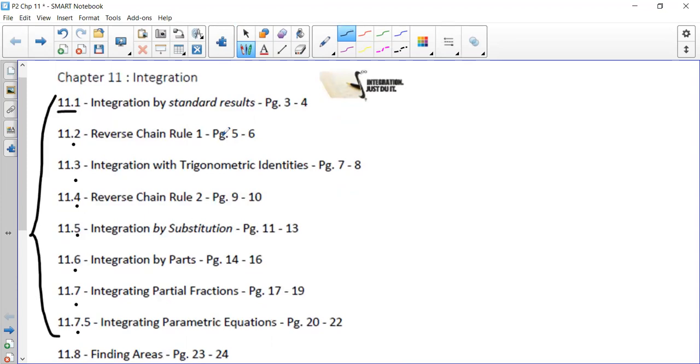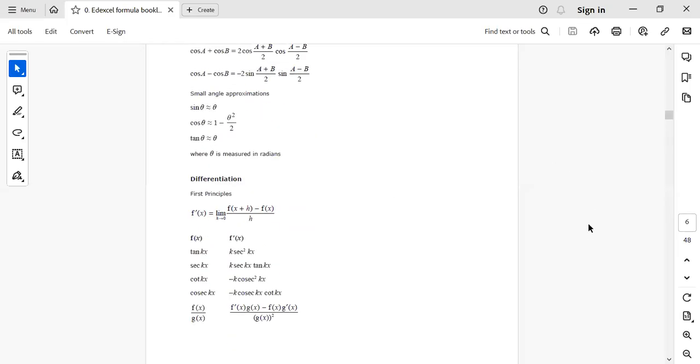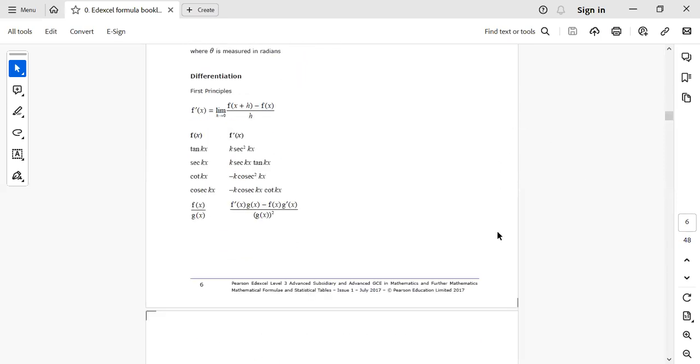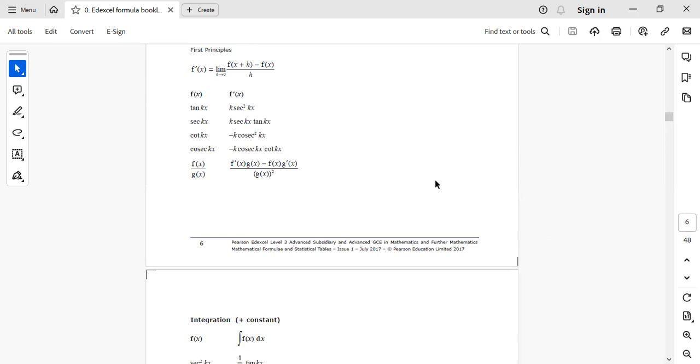So we are going to go through 11.1 today. Now, with 11.1, what you also need is a formula booklet with you. From now on, when you do integration, you should always have your formula booklet with you, because the formula booklet is a big part of integration.